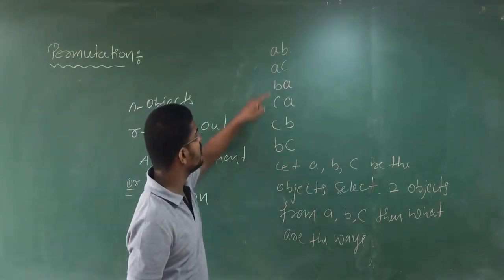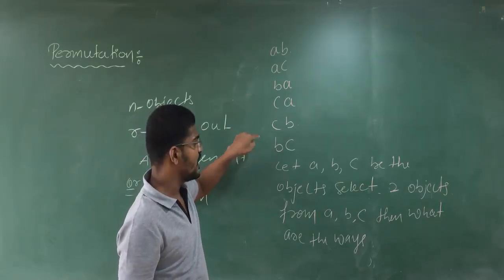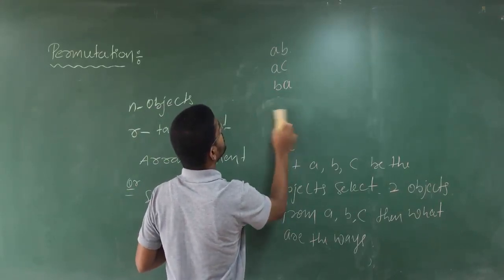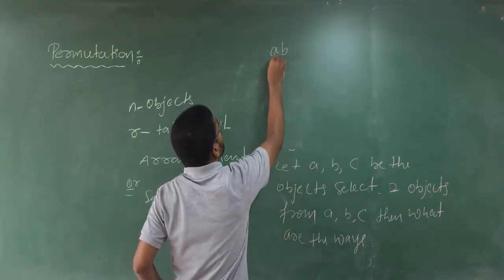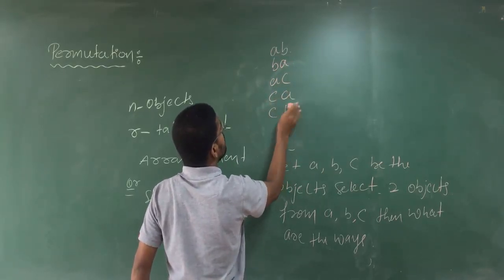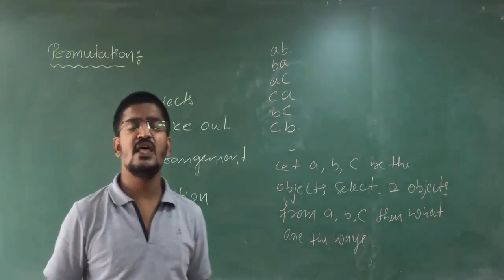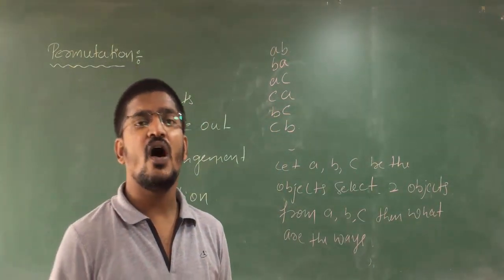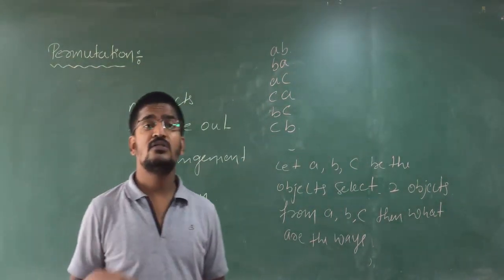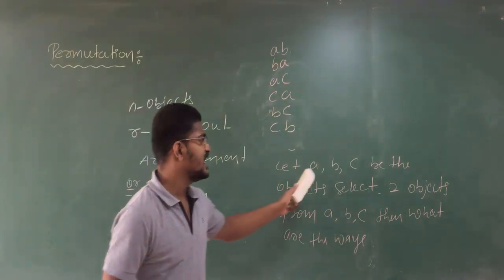So these are the total number of ways of selecting or arranging. Are you clear? So that means you can arrange them as AB, BA, AC, CA, CB, BC. So these are the total 6 arrangements or 6 selections of your 3 alphabets or 3 objects, that is ABC.